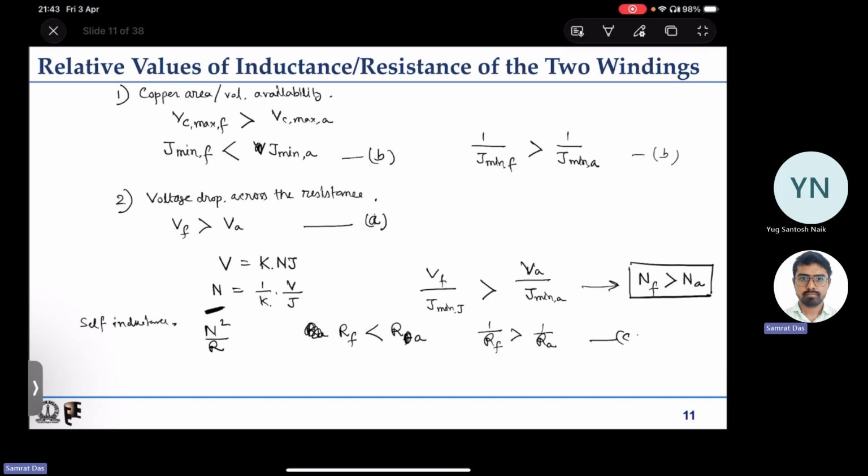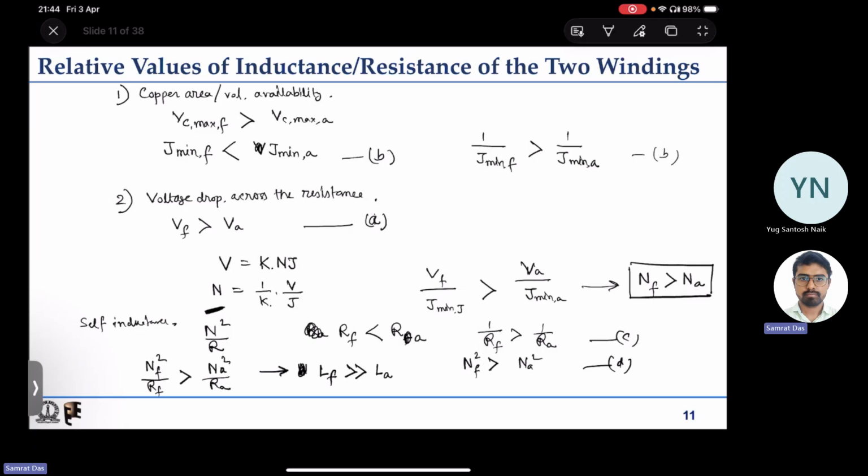This becomes our equation C. And again, Nf square is very high compared to Na square. So if you multiply equations C and D, then we get Nf square by Rf is very high compared to Na square divided by Ra. So that tells us that the self-inductance of the field winding is very high compared to the self-inductance of the armature winding.